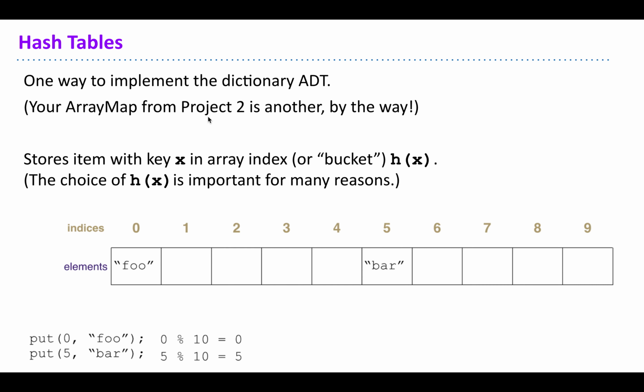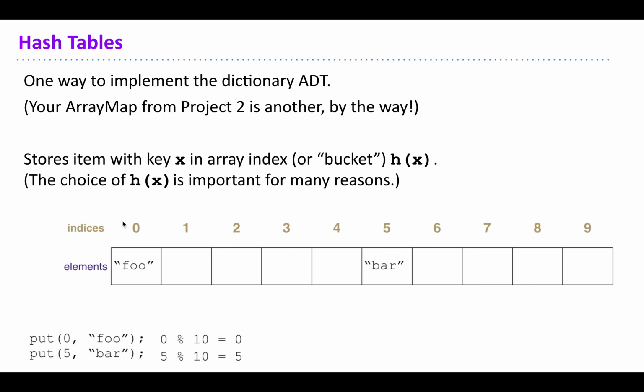A hash table, just a quick introduction to it, is basically a structure that allows for constant time lookup and insertion. We really want this constant time behavior. It's also an implementation of what we call a dictionary. A dictionary is a way of associating a key and a value.